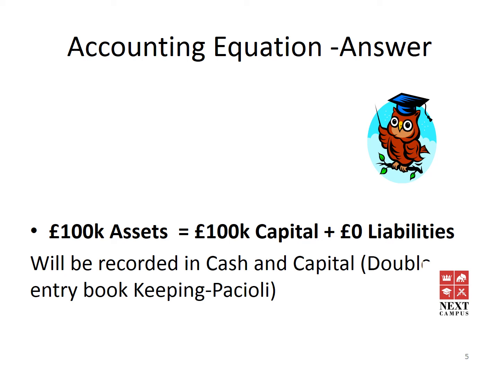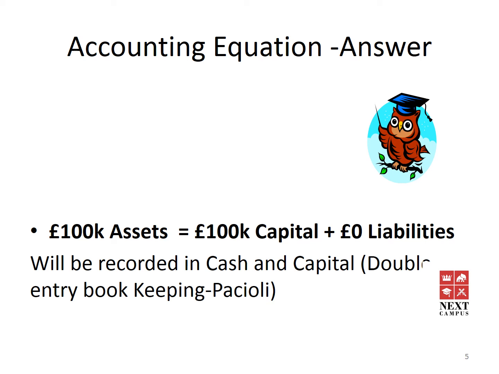Another example: let's say the business sells something on cash. Cash will go up, so assets will move up. On the other side, capital will move up because the revenue is something for the owners of the business. So capital will go up and assets will go up. Ultimately, the equation will be balanced.